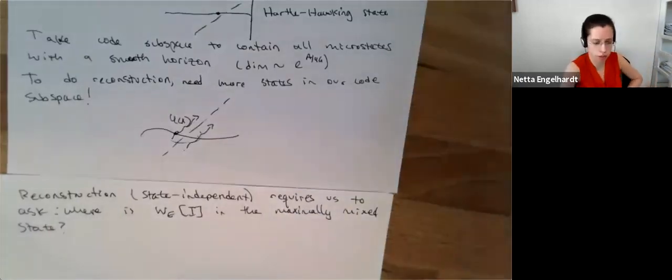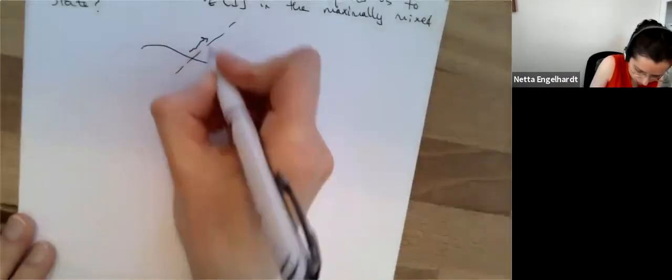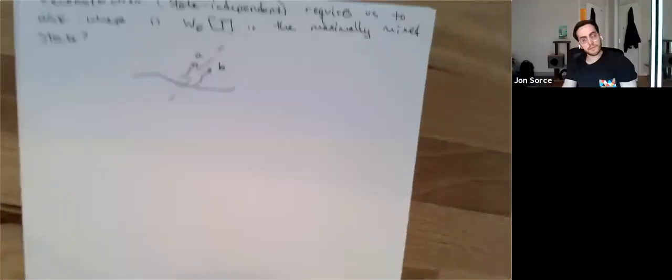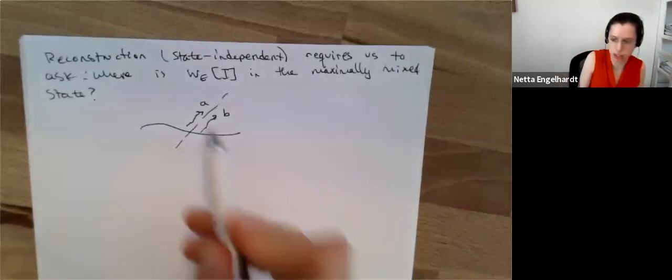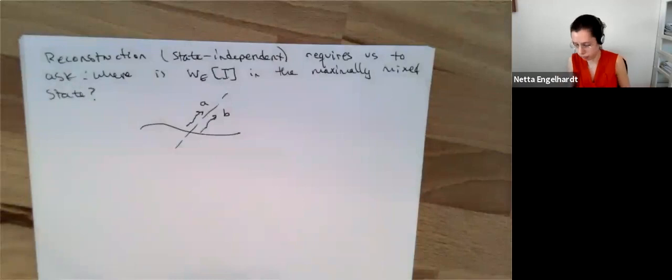So let me redraw this picture. This is A, and we think of this wave packet as A and B. Sorry, let me put this back. Then we're looking for a state where A and B together are maximally entangled with a third subsystem.